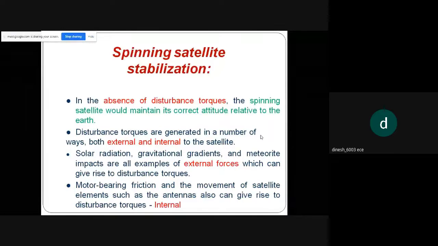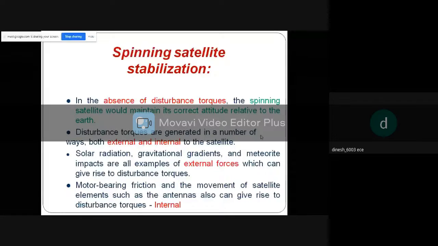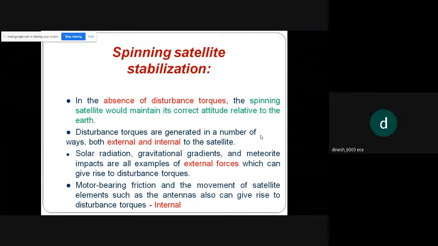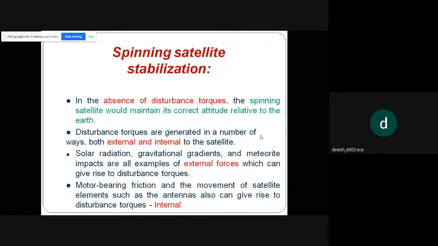These disturbances are generated in a number of ways, both internally to the satellite and externally to the satellite. So what are the internally generated disturbance torques and what are the external forces?